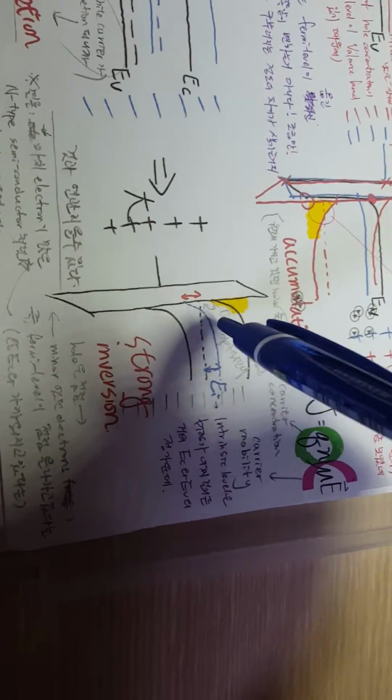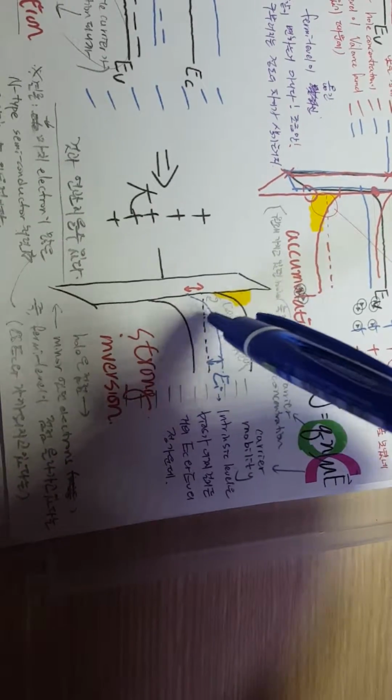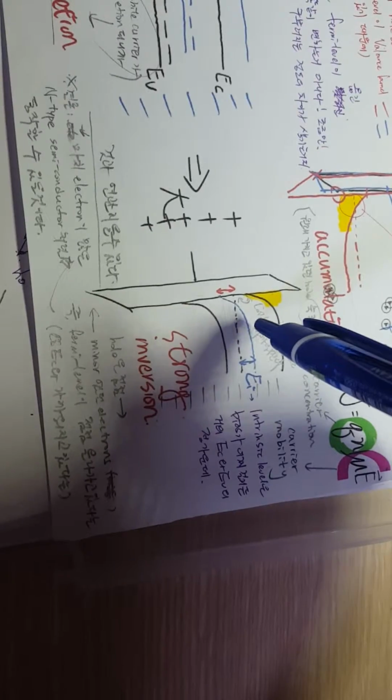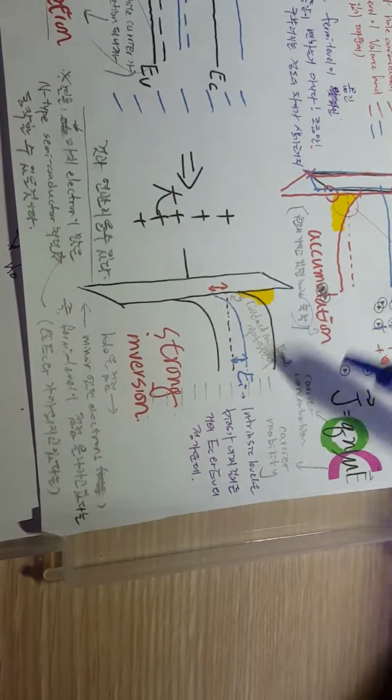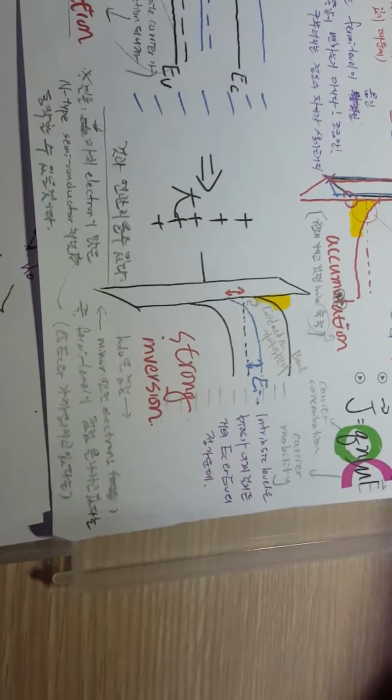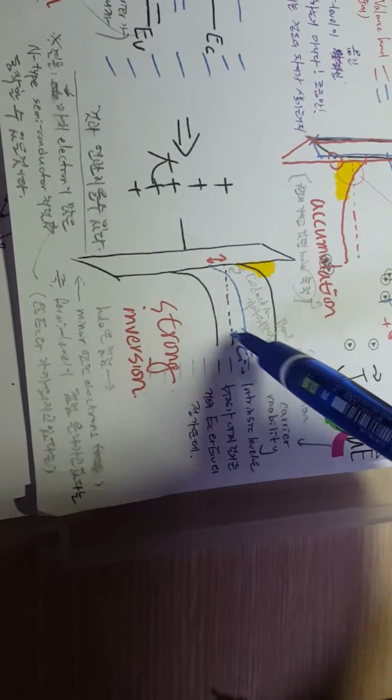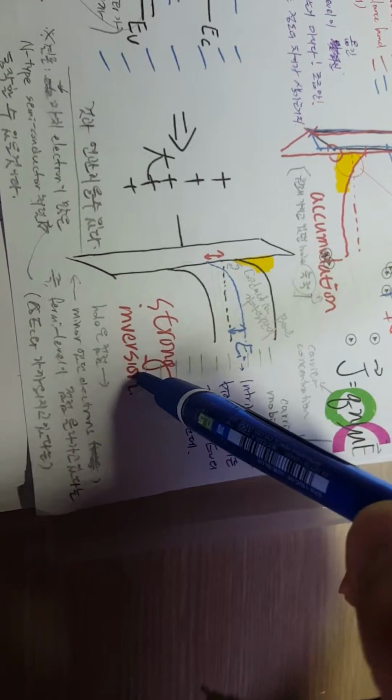That means it can also seem like n-type. Its function is also like an n-type semiconductor. Yeah, n-type semiconductor. That is the point of strong inversion.